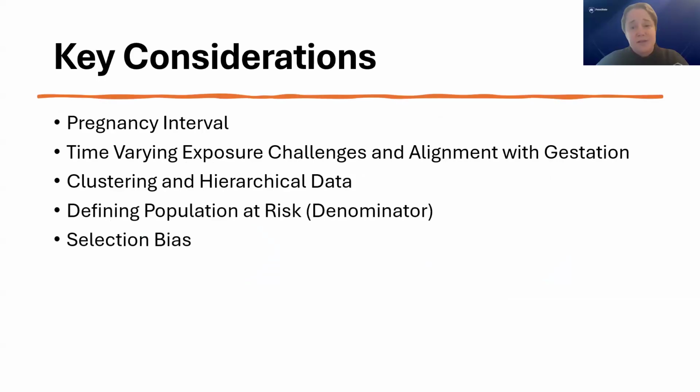This can be very challenging, especially in large data sets like claims or EHR data. I'll talk about that a little bit in this talk. Second, are time-varying exposure challenges in alignment with gestation. So again, understanding the duration of pregnancy and when exposure happens during that time frame is very important and pretty challenging to do.